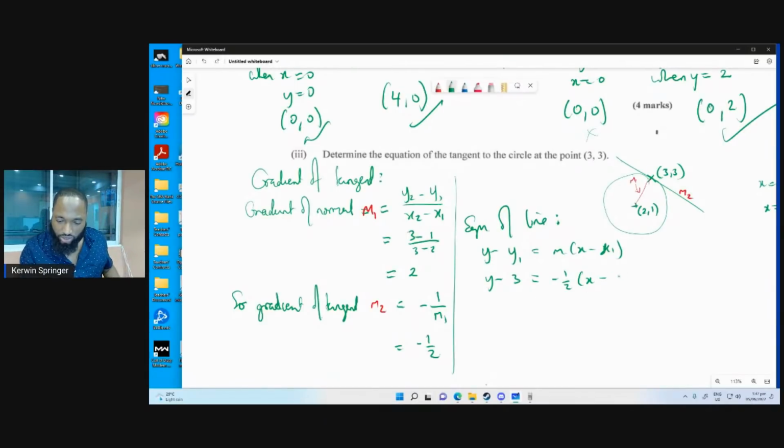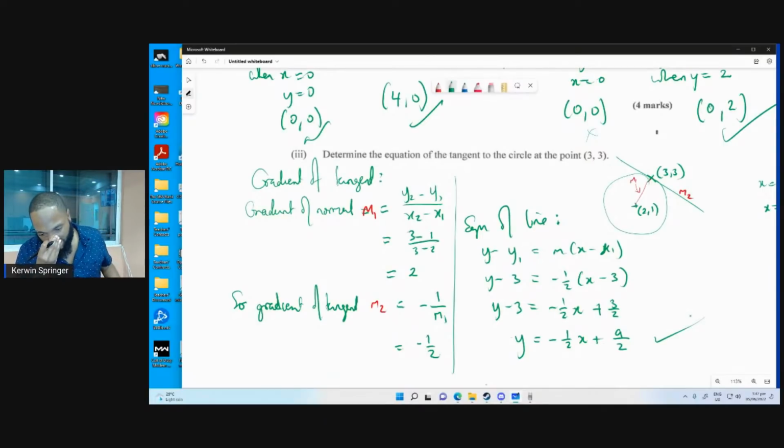This shouldn't be x1, this should be 3. So now y minus 3 is equal to negative 1/2 x plus 3 over 2. So y equals negative 1/2 x plus, this might be 9 over 2. Bring across the 3, 6 over 2, 9 over 2.